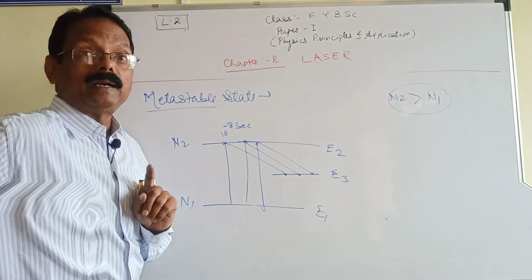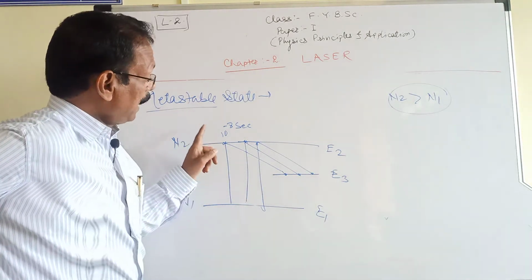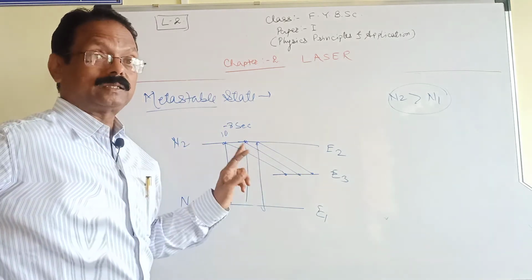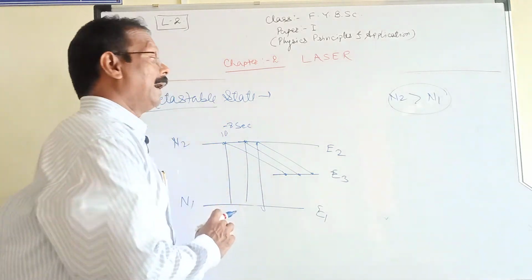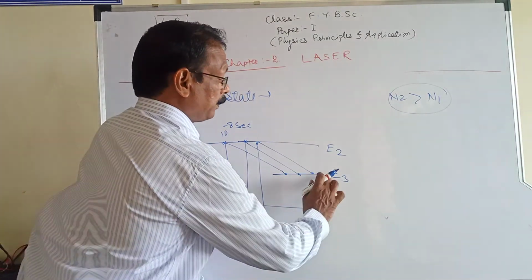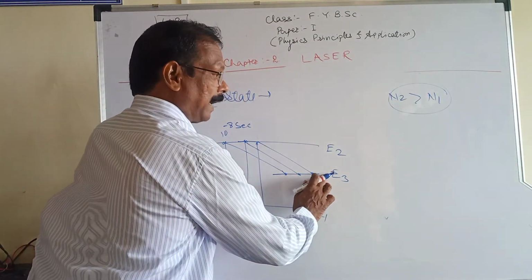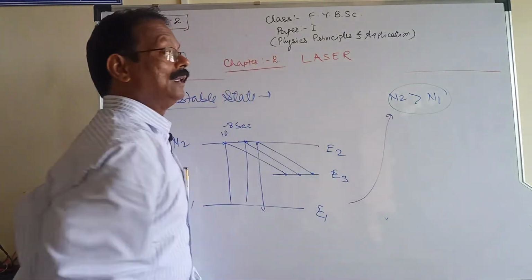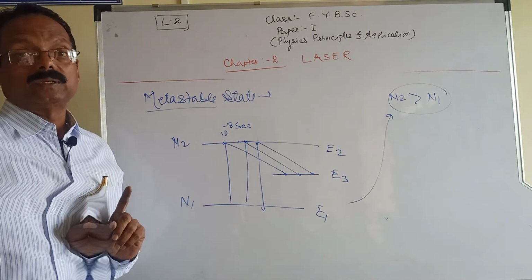This state is nothing but the metastable state. The atoms from the higher energy level are collected at the metastable state. Then, compared to E1, the population in the ground state and the population in the high energy level, by using this metastable state we achieve the population inversion condition.